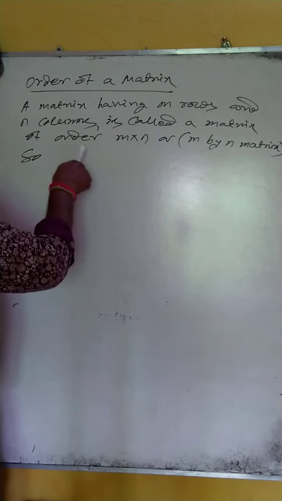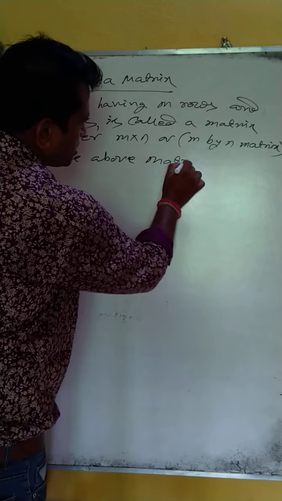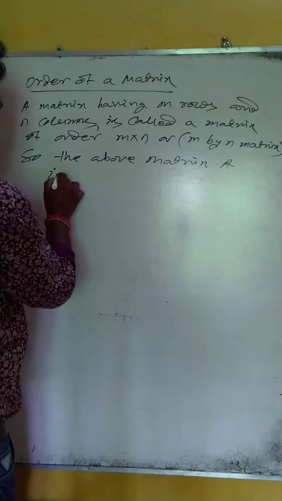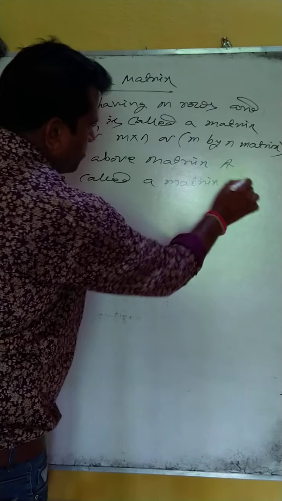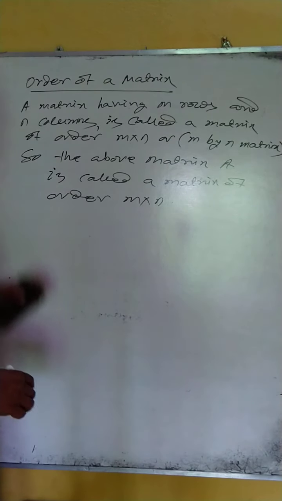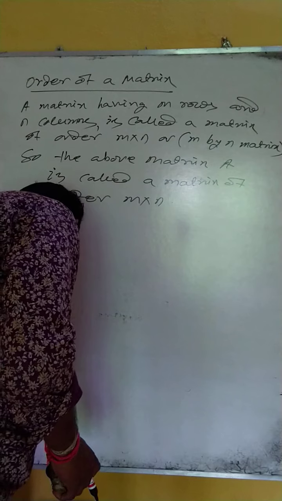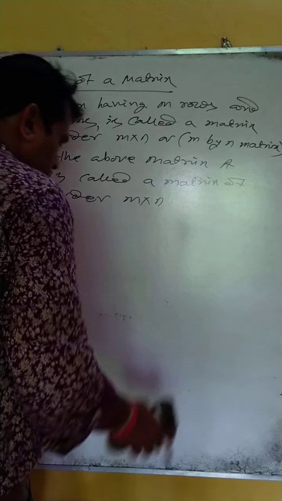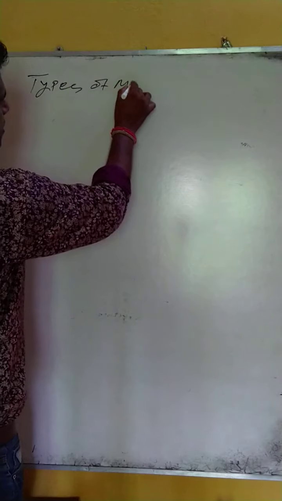So the above matrix capital A is called a matrix of order m cross n. Okay. Now we discuss types of matrices.